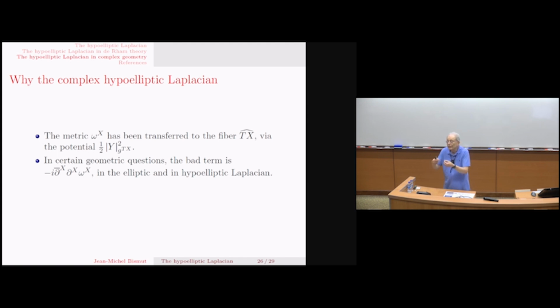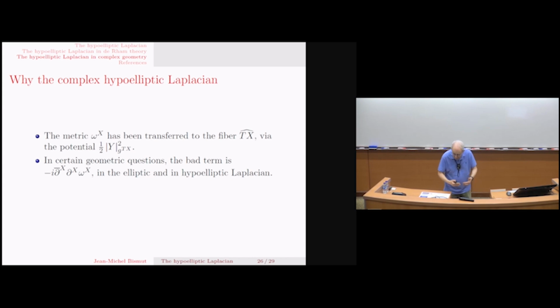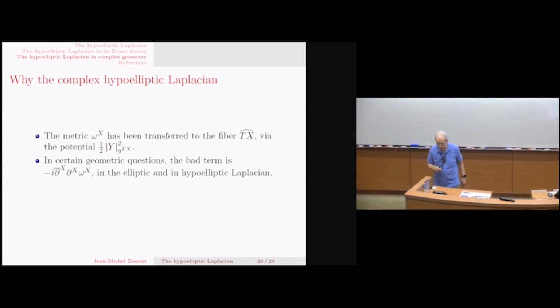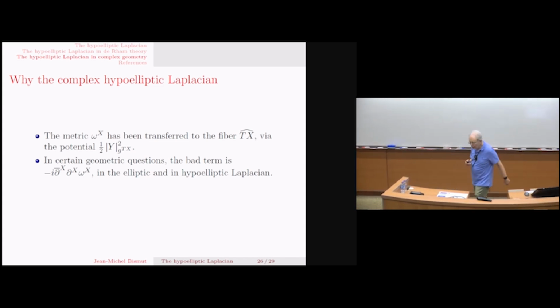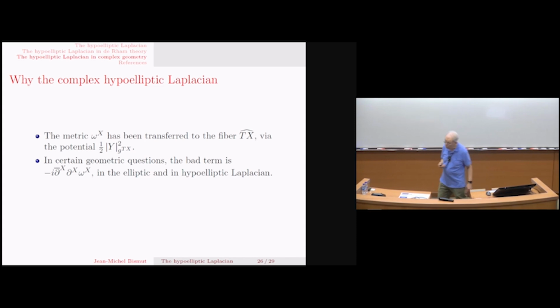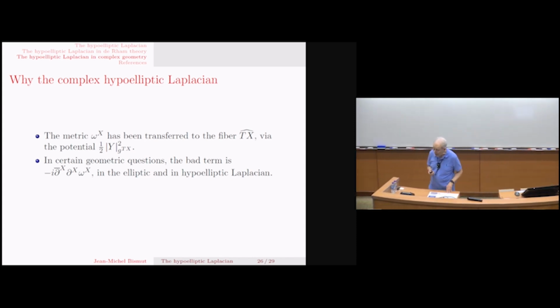So let me now try to explain why we have more flexibility with this new theory. I told you that the duality between forms was obtained via the exponential of the two forms in the exterior algebra. But nothing prevents you from taking omega to be zero.